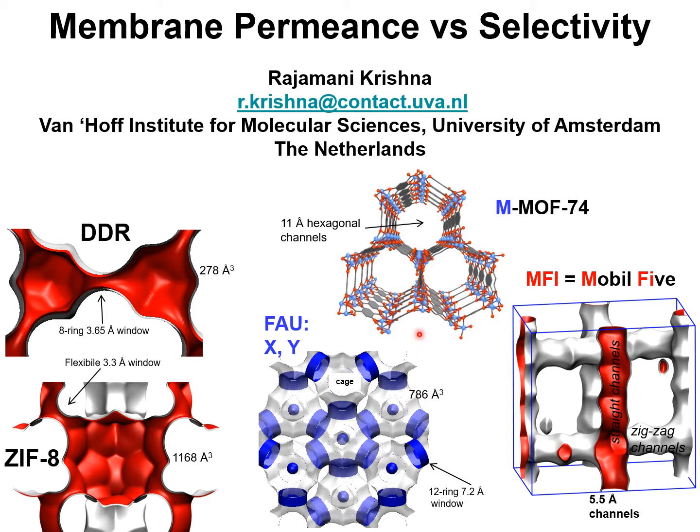Another type of microporous material is Hexiolite, Y zeolite. Both have the Faujasite or FAU topology. It consists of cages of 786 cubic angstrom separated by 12 ring windows whose aperture is 7.2 angstrom.